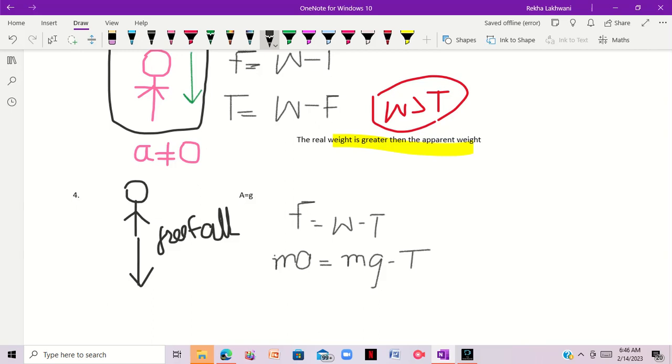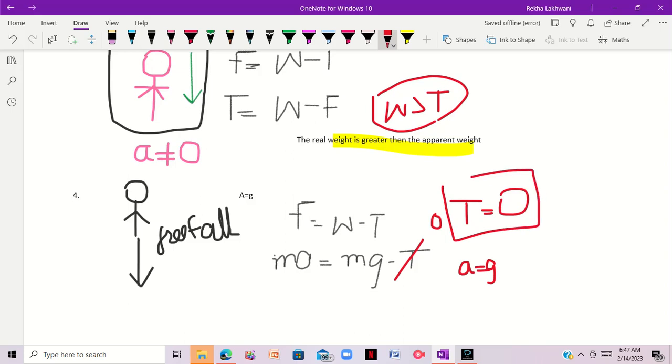Now we know the acceleration is equal to gravity. And there's no tension here. Is something applying tension here? Is there any normal reaction? No. So the tension will be equal to 0. And we know the gravity will be equal to acceleration, so both will be equal, right? Here minus will be neglected and 0 will be put. So the tension will be 0.